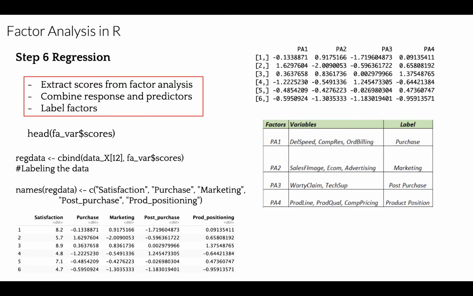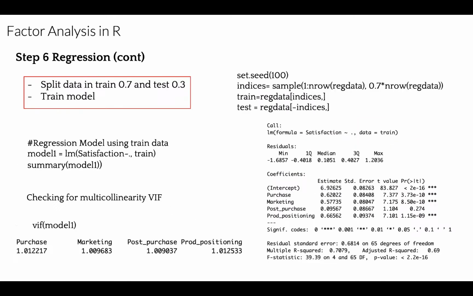In the case of factor 1, our variables are speed, compress, water billing, so we can label it as purchase. In factor 2, for instance, we have sales image, e-com, advertising, so we can label it as marketing, and so on. Now we need to split the data into train and test datasets and train the model.